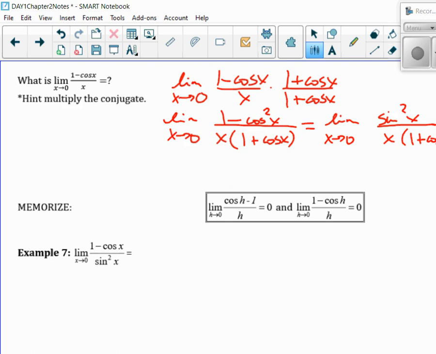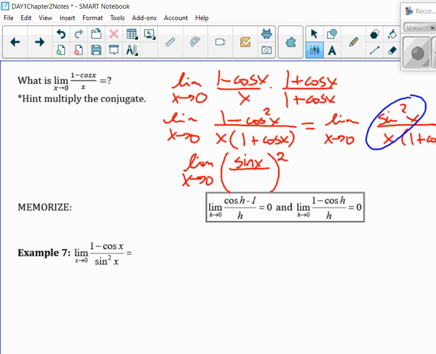Okay, so can you picture the sine x over x setup here? This is sine squared. So watch this. Limit as x goes to 0. Instead of writing it as sine squared x, I'm going to write it like this.